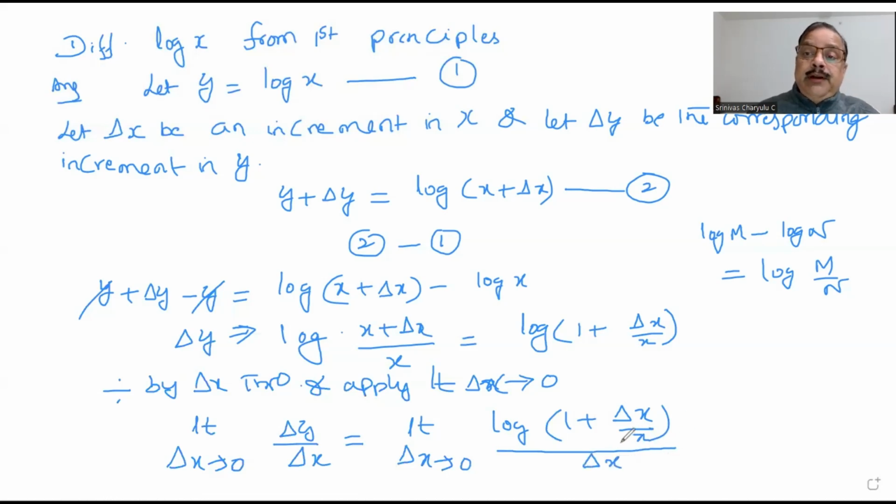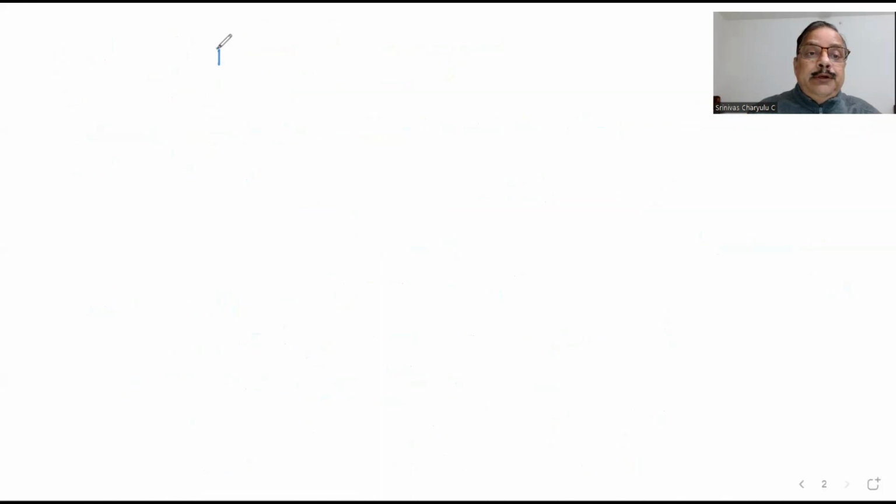Now here we will take a substitution in the place of delta x by x. Let us put delta x by x is equal to k in the above equation.